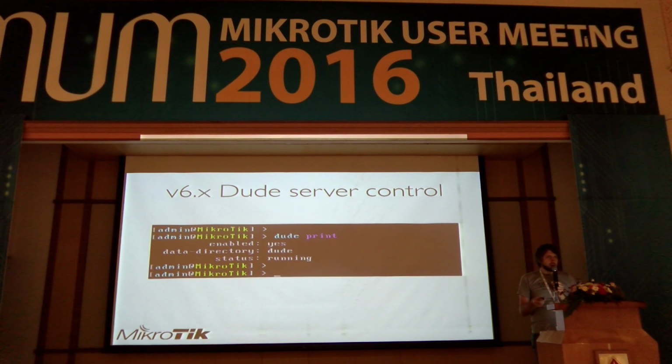You can actually enable Dude with the command Dude set enabled yes, or set enabled no. Yes means enabled, no means disabled. And an important thing: you can specify the data directory where Dude stores all the data. If you are running an external disk, you need to specify this external disk path in the data directory. The data is kept in a separate folder, not with the config, in the subfolder called Data Directory. The Dude needs quite a lot of data because it stores the data of every client site.